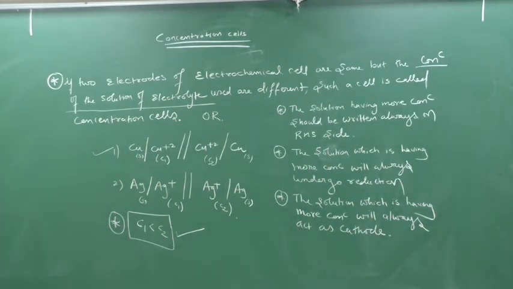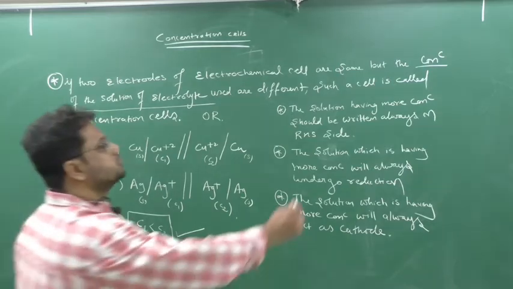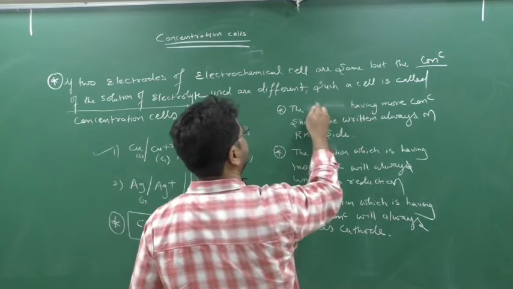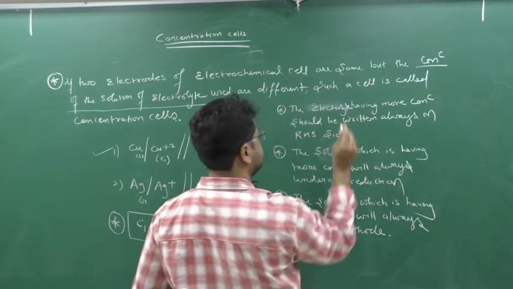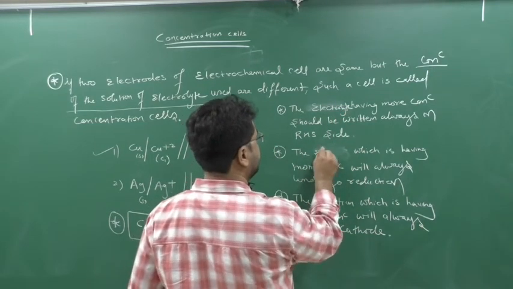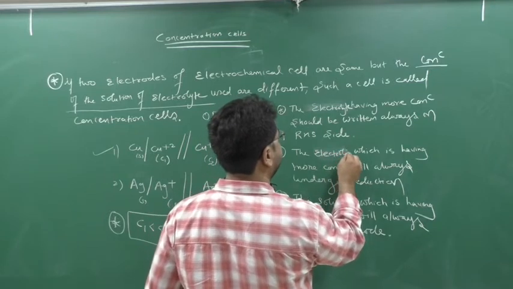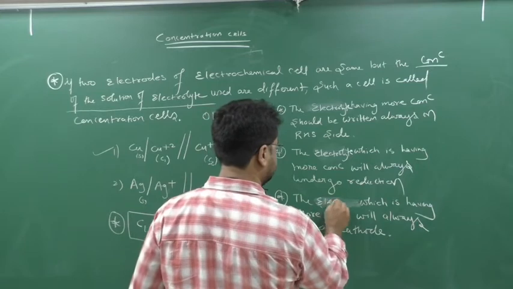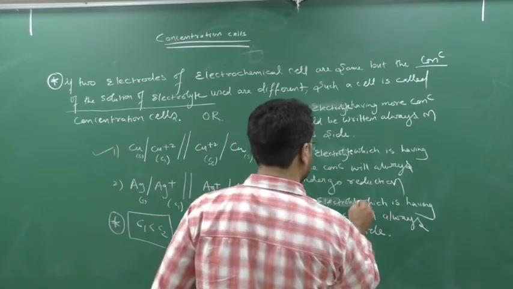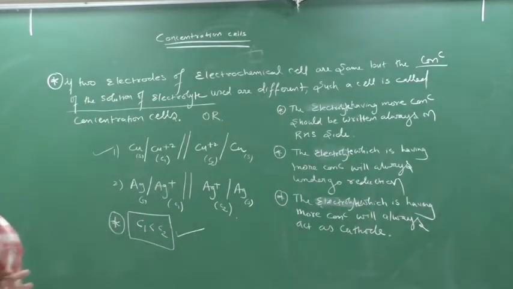Okay, cathodic compartment or cathode. Here instead of solution you can write electrolyte also. Not an issue; in certain books they have written electrolyte. So one and the same, you can write the solution or the electrolyte. Understood this topic? We will do a number of problems. Write down this, this is very important.